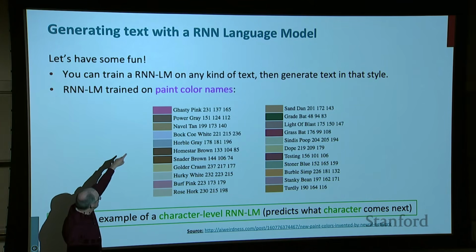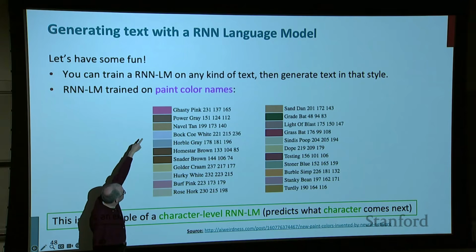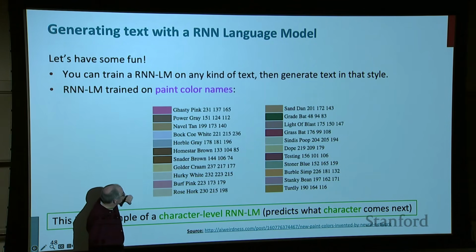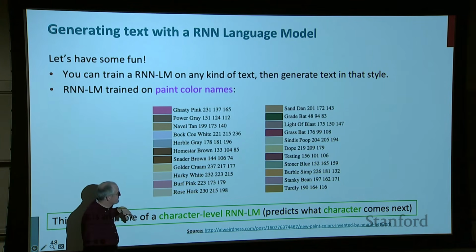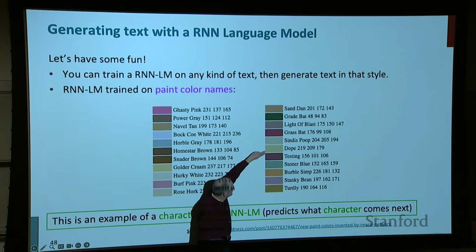Look at this. This one here is Ghastly Pink, Power Gray, Navel Tan, Bokko White, Horrible Gray, Homestar Brown. Now, couldn't you just imagine finding all of these in a paint catalog? Some of them, there's some really good ones over here in the bottom, right? This color here is Dope.